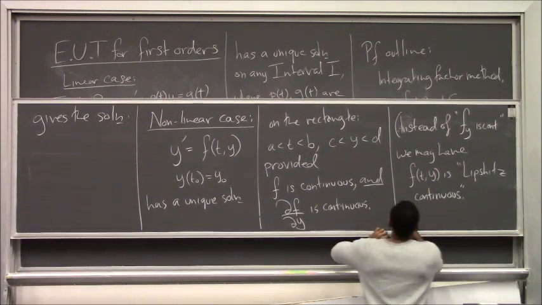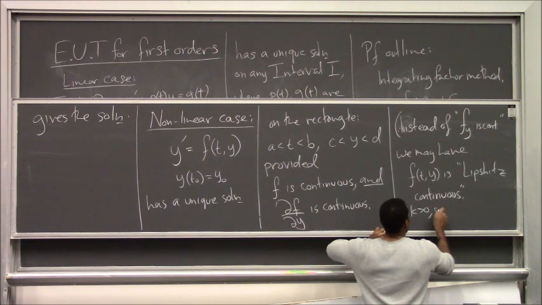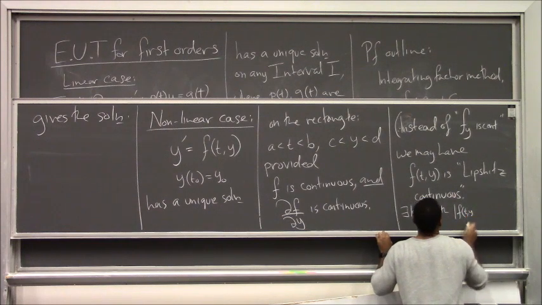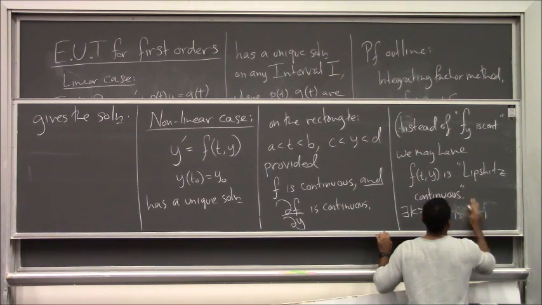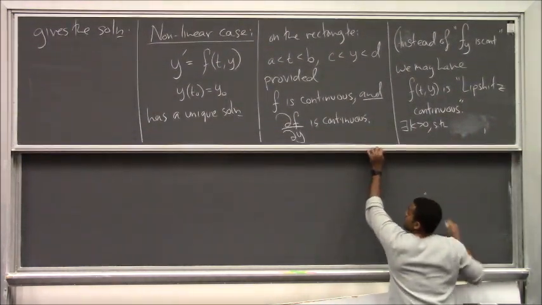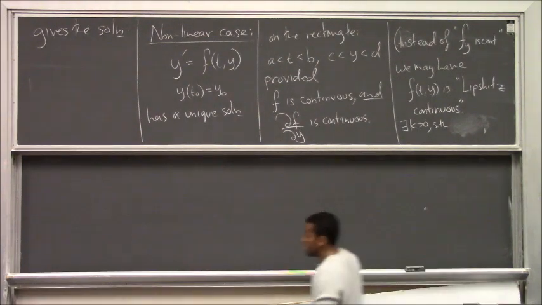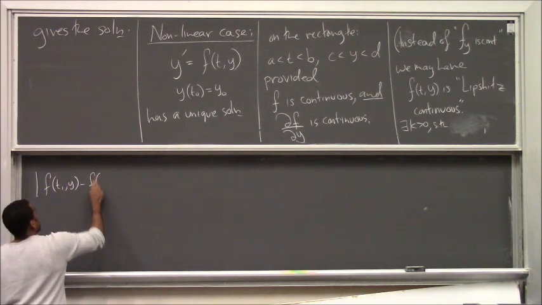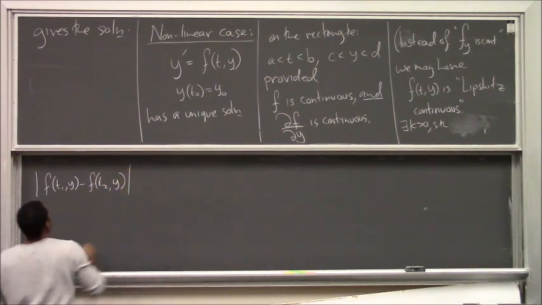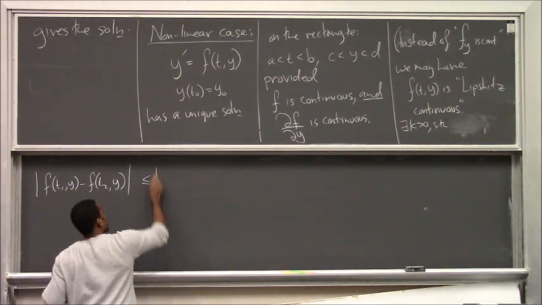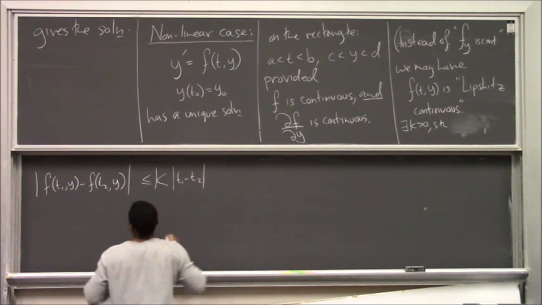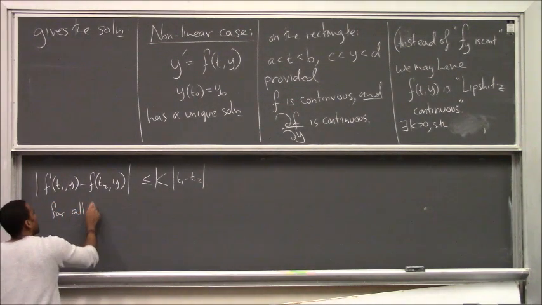That is, there exists a positive k such that the difference between f at t, y1 and t, y2, the difference between those two values, will always be less than or equal to a constant times the difference in the y values, for all t values.